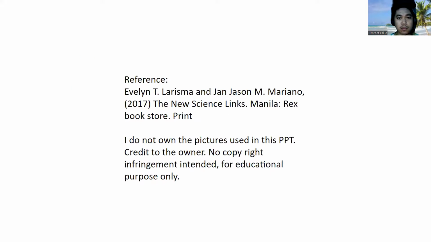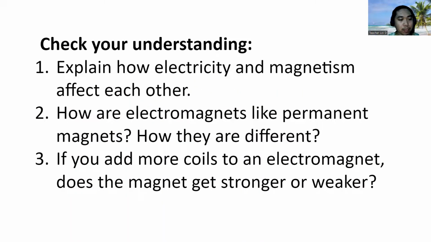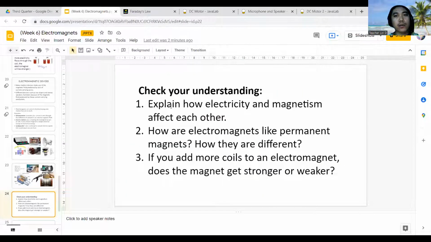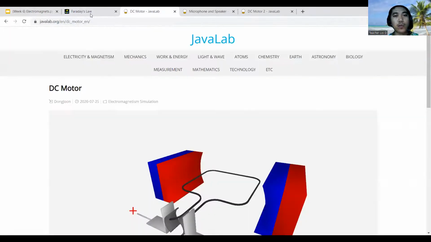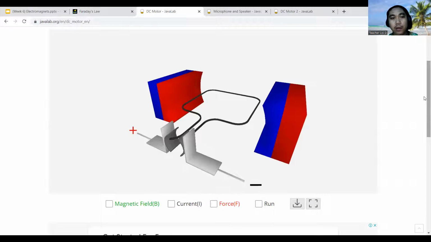Okay, so this is my references. So may papakita lang akong mga link dito. Wait lang. Okay, this is motor lab. So dito sa motor, ito yung tinatawag nating electromagnet. So this is magnetic field.